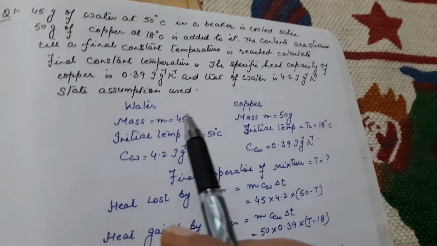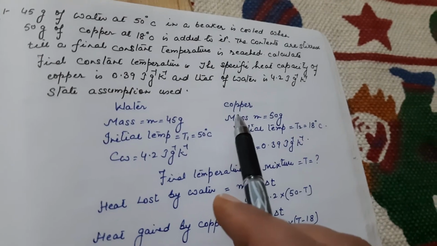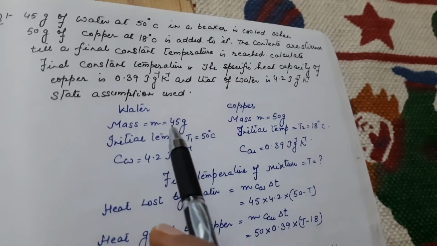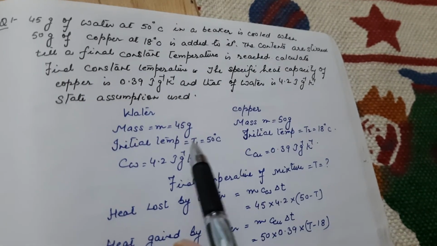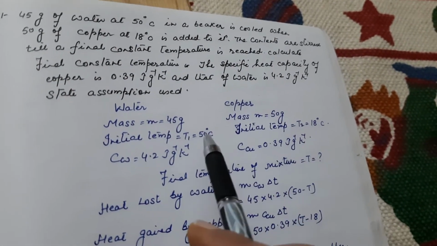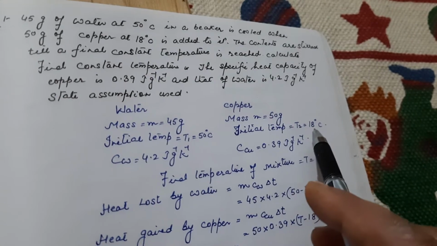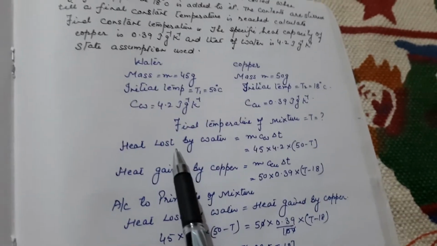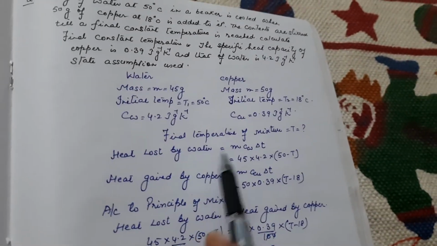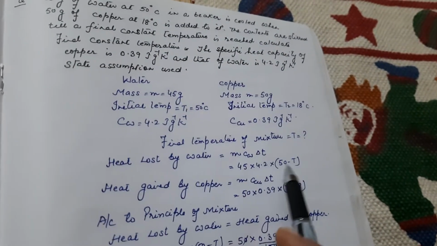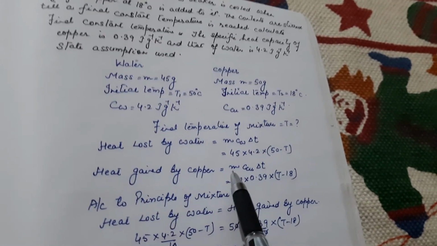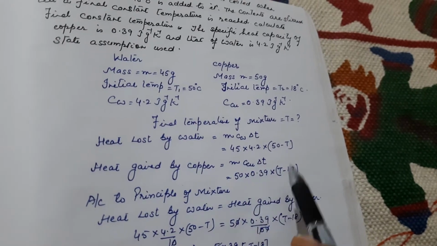So be careful, don't always consider the metal to be hotter and water colder. In this example, water is hotter and copper is colder. Water temperature is 50 and copper temperature is 18. But the method is the same. Firstly, find the heat lost by water, formula mc delta t, and substitute the values. In the same way, heat gained by copper, same formula mc delta t, substitute the values.